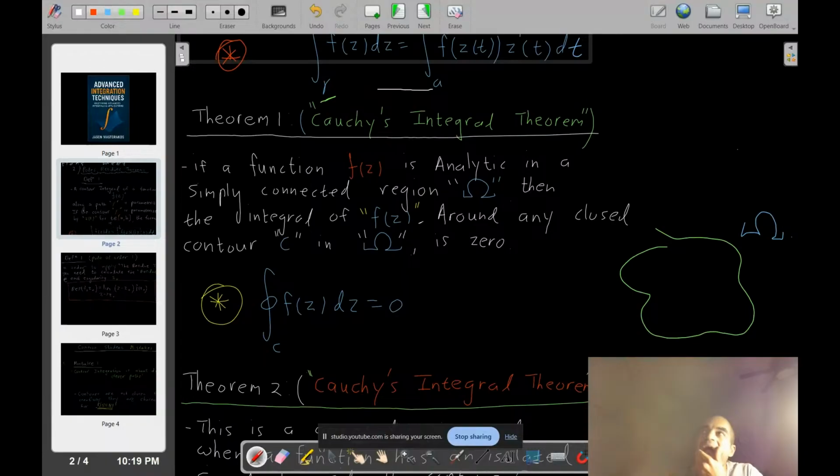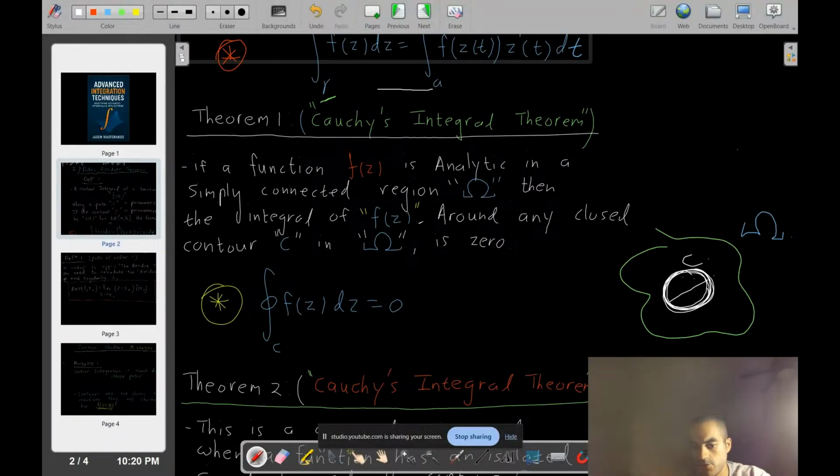Let me think of a contour. Any closed contour. If we had a closed contour like this, some sort of circle, a circular contour, I'm going to call this C in omega.